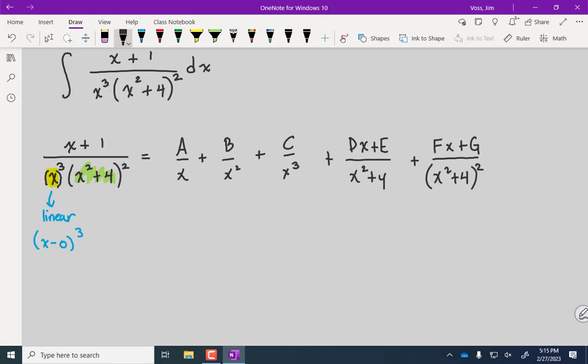So on this kind of situation, I'm grateful that you did this part. These just come from, if this is linear, that's constant; if this is quadratic, that's linear.